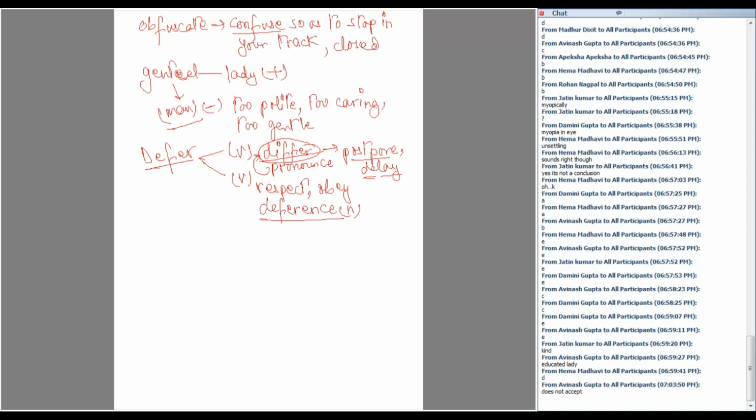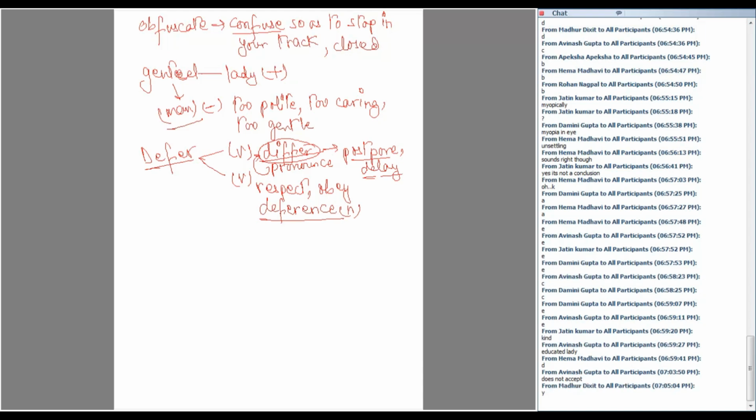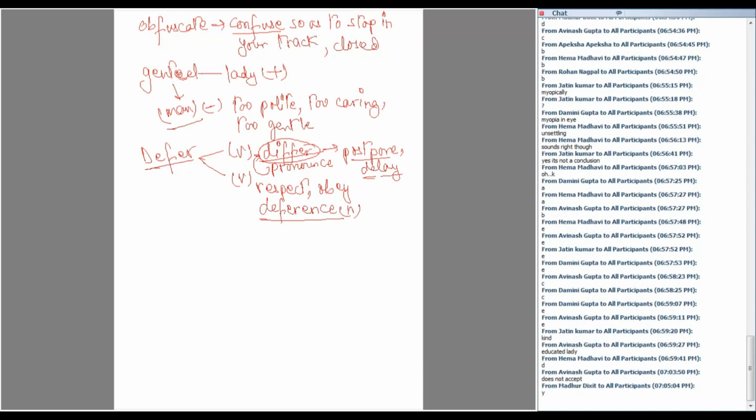Okay. There are two more words that I wanted to discuss with you. Right now, we saw the word denouncement. Denouncement comes from the word denounce. Denounce is criticize, when you criticize someone. A very similar word.